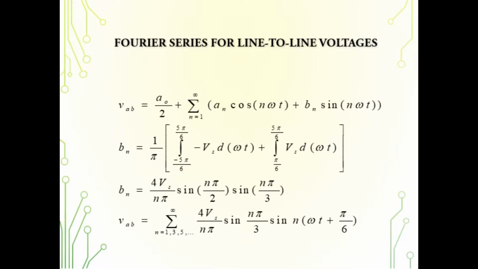So our VAB, the line voltage, is given by 4 Vs by n pi sin n pi by 3 sin n of omega t plus pi by 6. If n is equal to 1, we get the fundamental component, and the remaining terms are the harmonics.